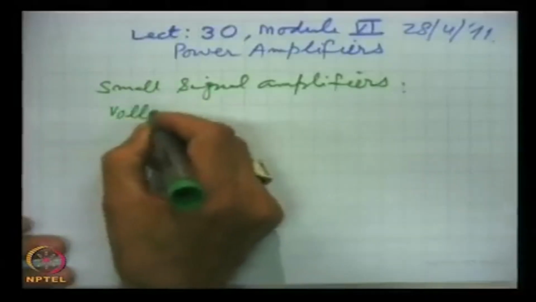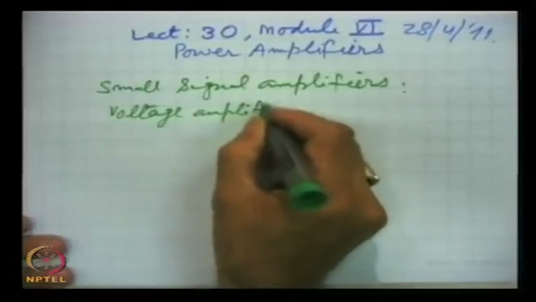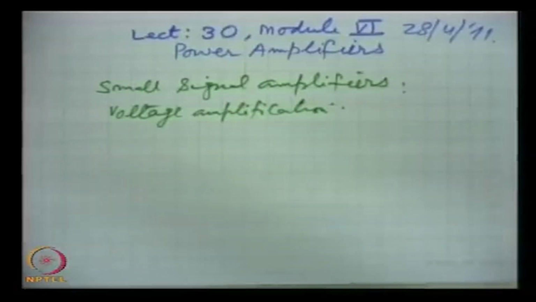In small signal amplifiers, the major thrust was on distortion free voltage amplification. Distortion free voltage amplification, that was the main objective.